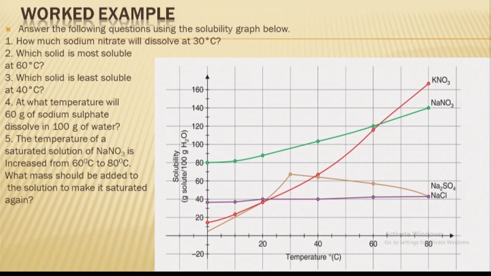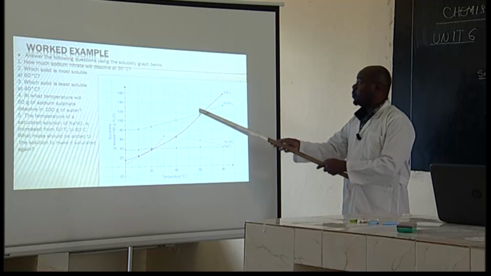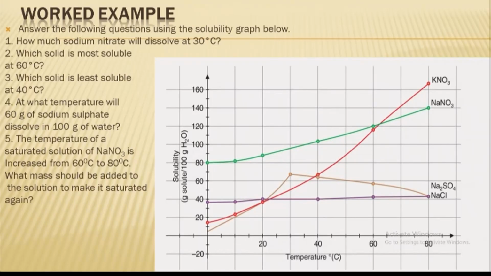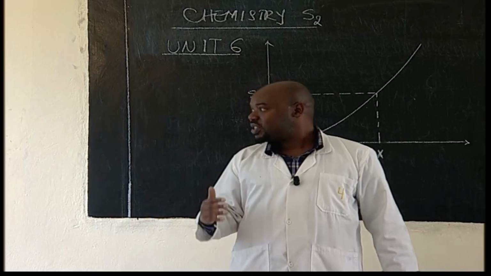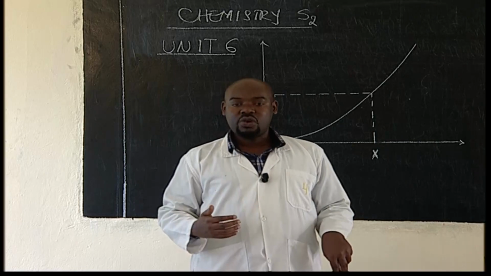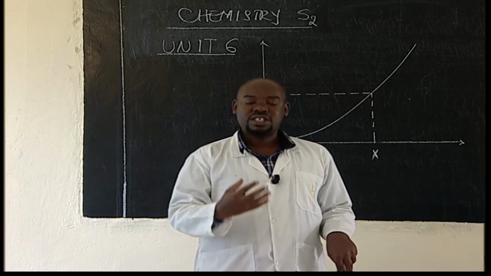So we check the difference in the solubilities. At 80 degrees, the solubility is 140. And at 60 degrees, the solubility is 120. And the difference is 20. So if you increase temperature from 60 up to 80, you will need to add 20 more grams to make the solution saturated again.